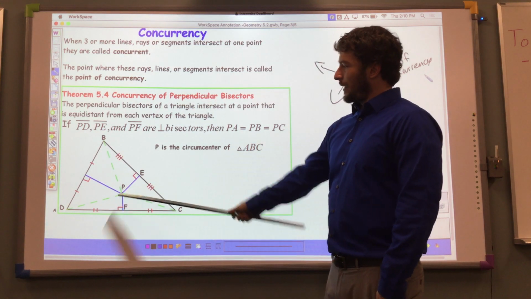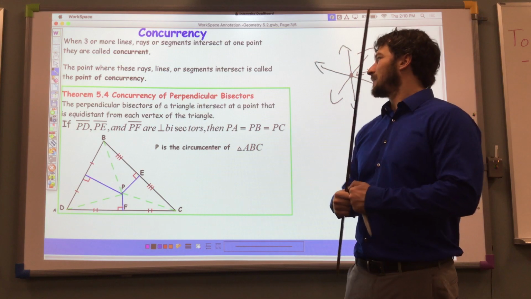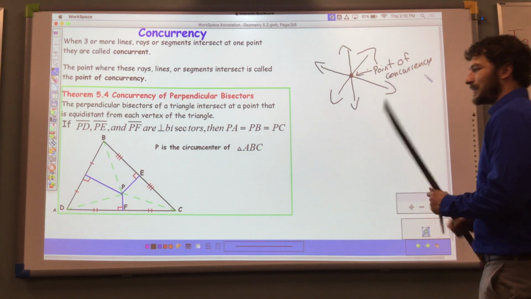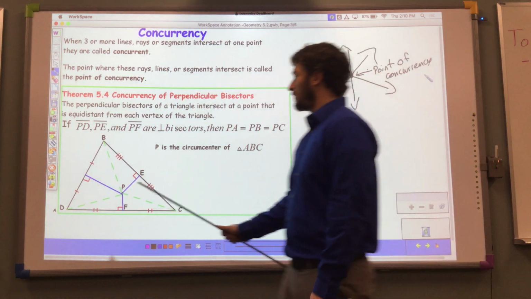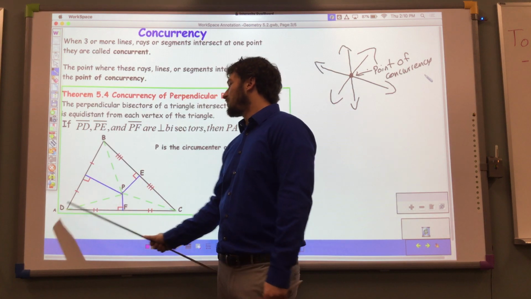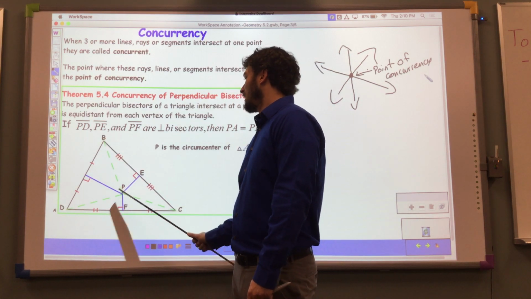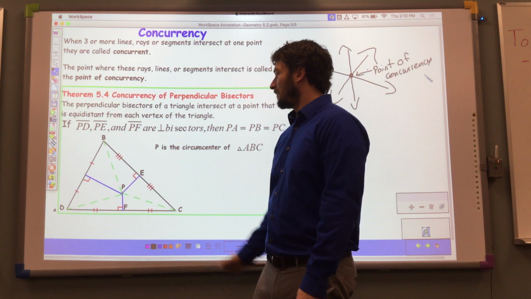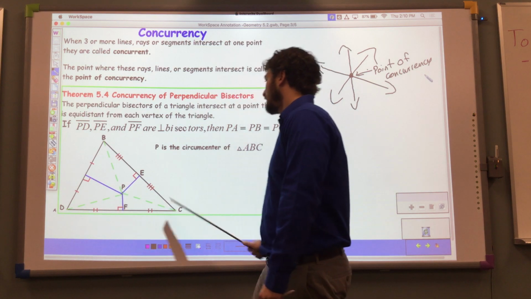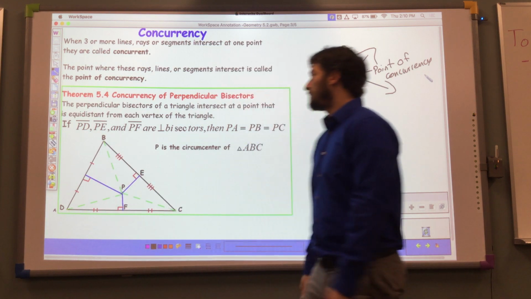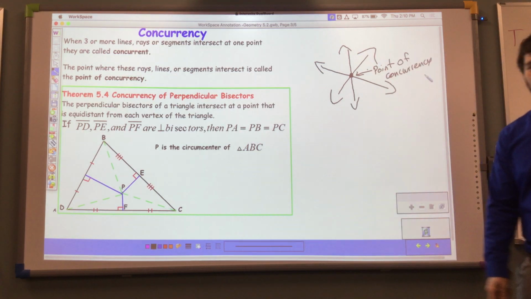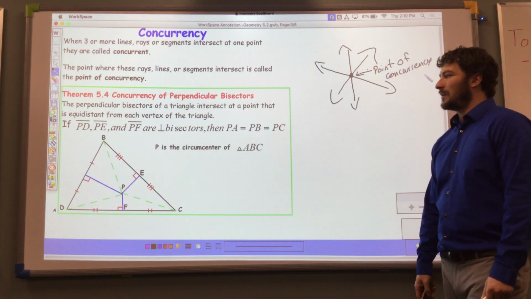So those perpendicular bisectors will always be concurrent. They'll meet at a point, and that point is going to be equidistant to each vertex of the triangle. So it's equidistant to D, C, and B. So those three dotted green lines would all be congruent.